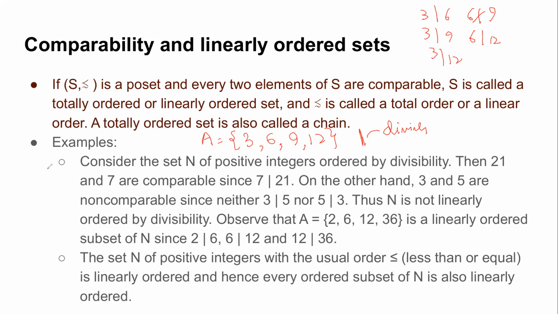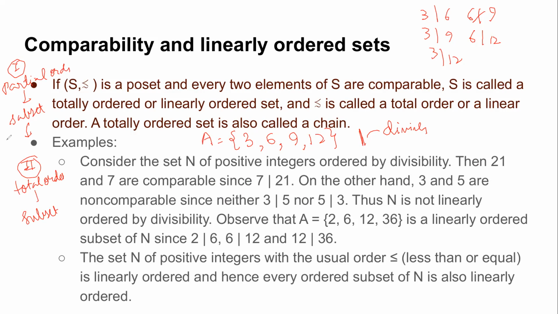Now tell me something. If I have a total order, what can you say about its subset? First, if I have a partial order, can you guarantee that its subset will be a total order?